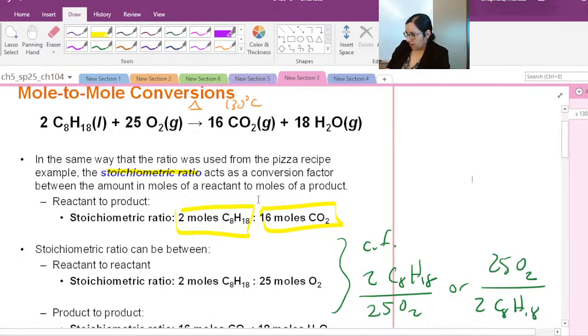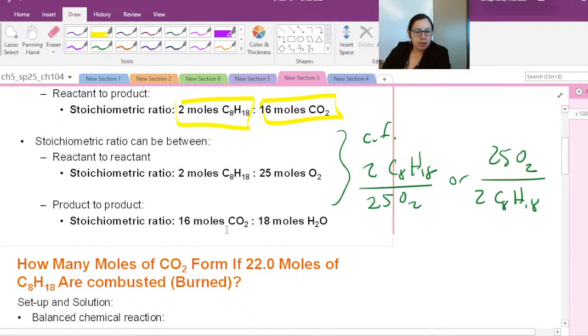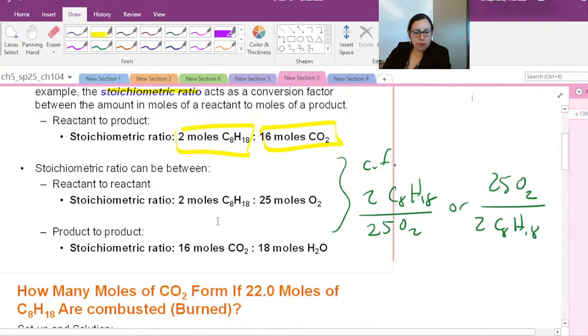I'll let people write that down. Before I scroll down, just try to set up this problem, because we just did it with our s'mores. How many moles of CO2 form if 22 moles of octane are combusted?